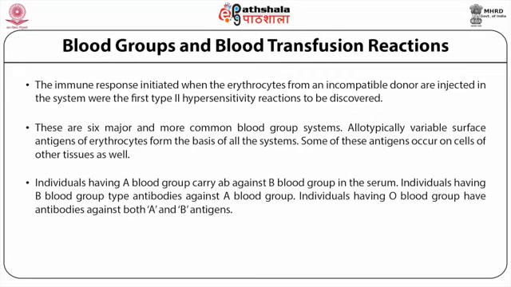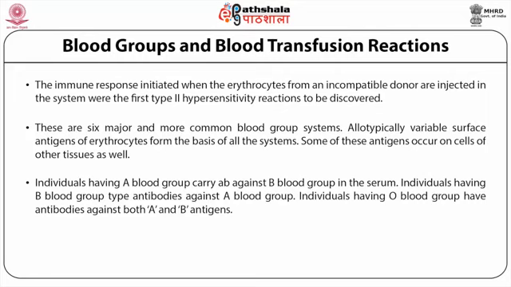Individuals having A blood group carry antibody against B blood group in the serum. Individuals having B blood group carry antibody against A blood group. Individuals having O blood group have antibodies against both A and B antigens.